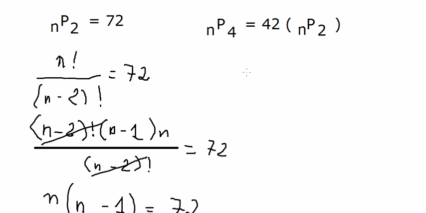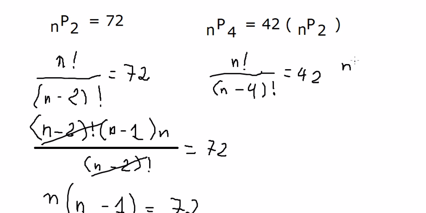Now let's go to the next one. We have n factorial over n minus 4 factorial equals 42 multiplied with n factorial over n minus 2 factorial. We do the same technique.